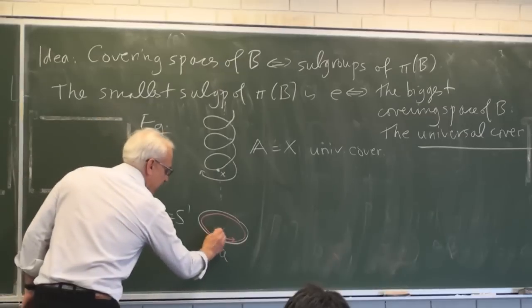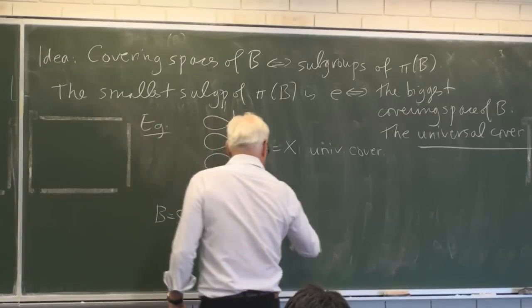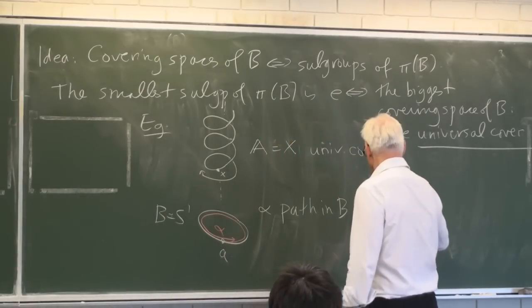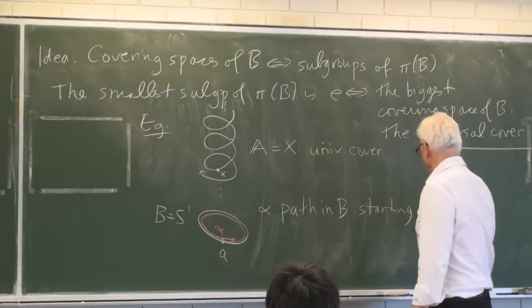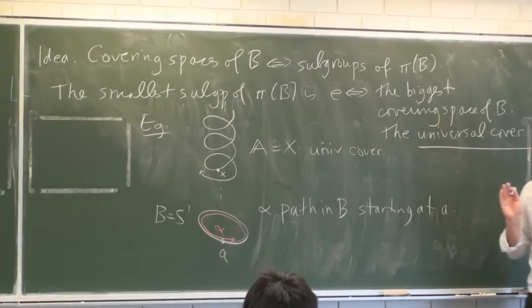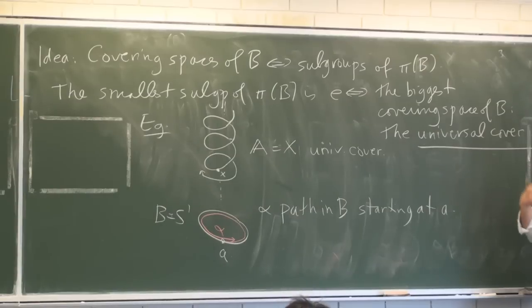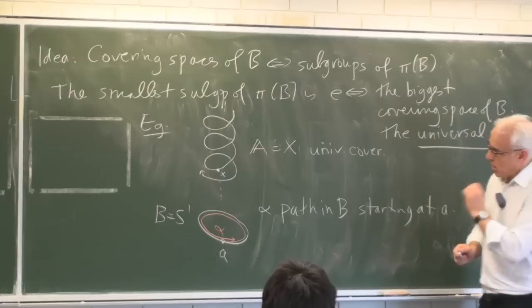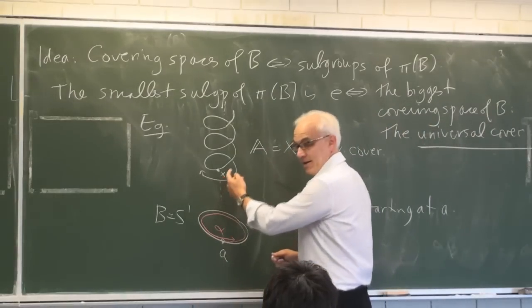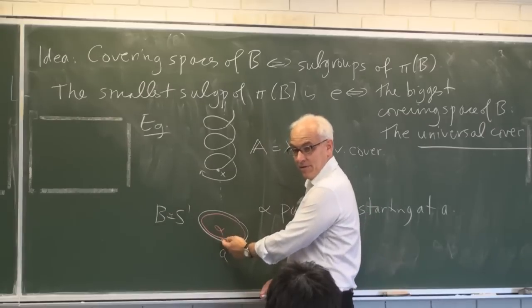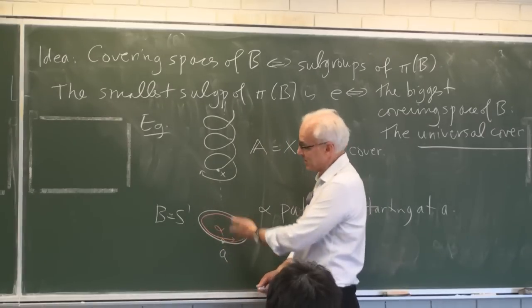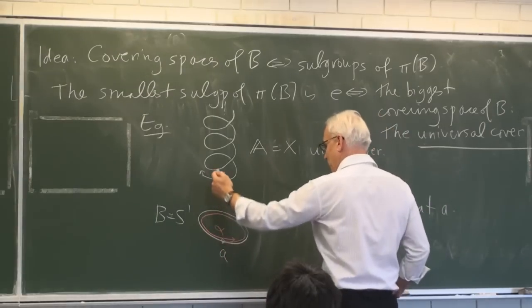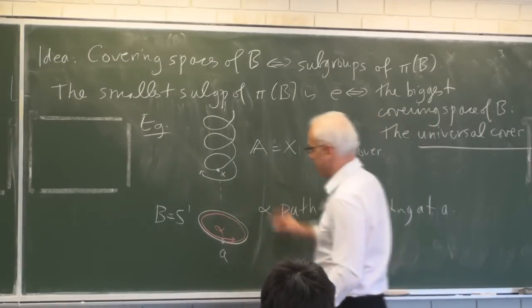Okay. So that's a path alpha. Alpha is a path in B starting at our fixed base point A, but not necessarily ending at A. And it can wrap around as many times as we like. What we're going to do is note that in this case, this is a covering, so we can lift the path alpha to a path up here, and we get the path that looks like this.